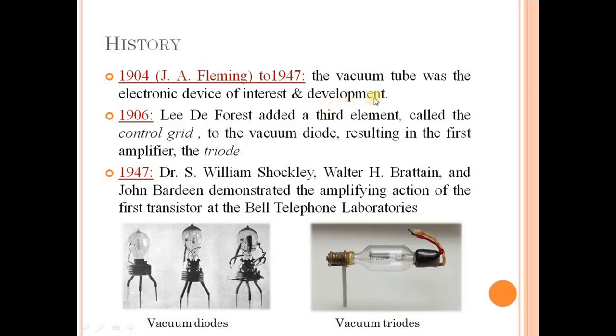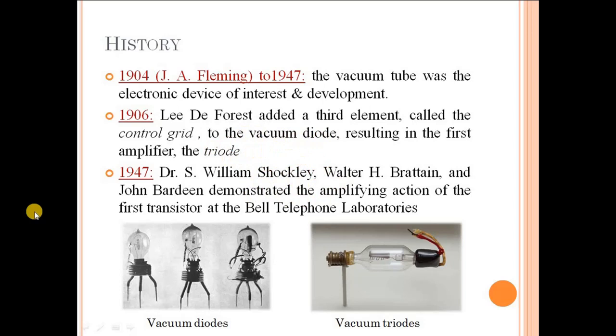So when we studied the PN junction diode, it was a replacement for the vacuum tube diode. When we are talking about the BJT in this module, we are talking about a replacement for the vacuum tube triode.